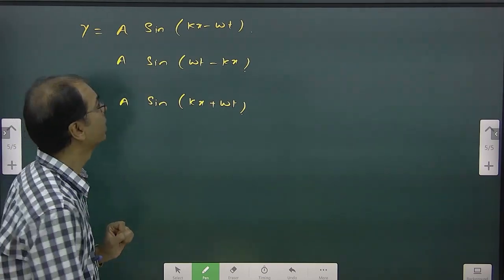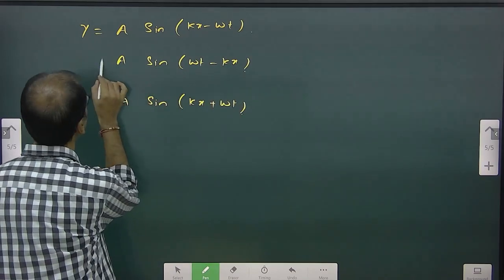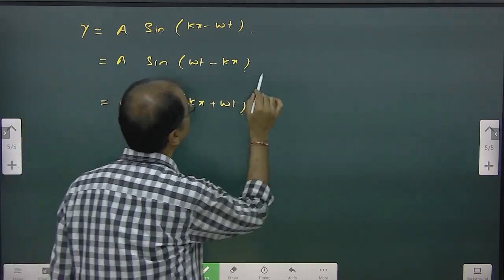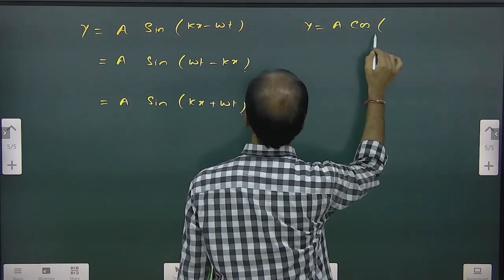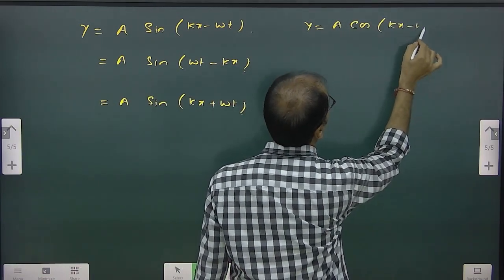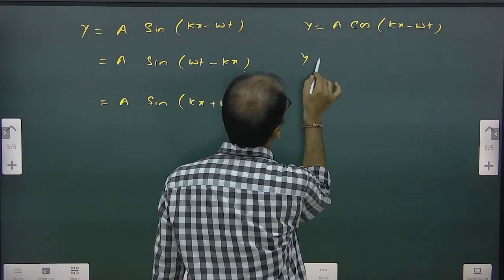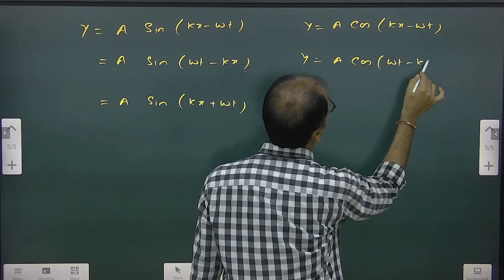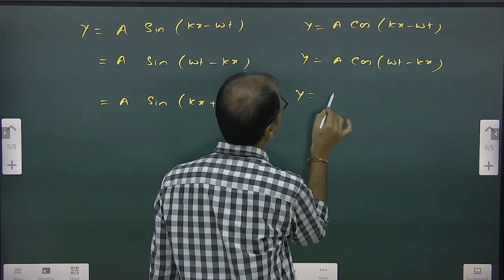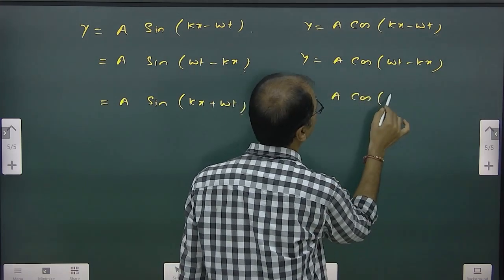Does it mean that only these are waves? No. We can have even other functions also. Then how to identify? The question is asked, which represents wave, which does not represent wave. How to find?